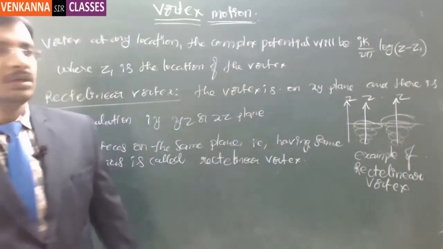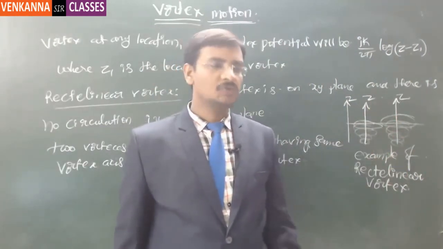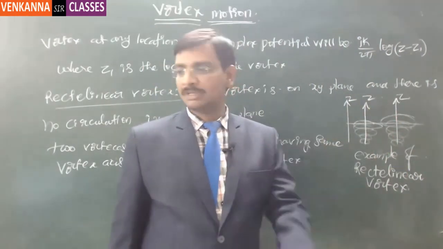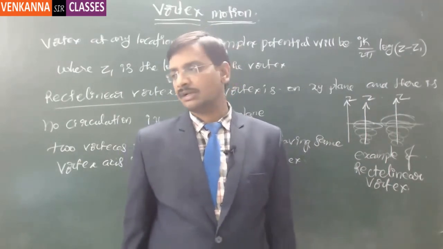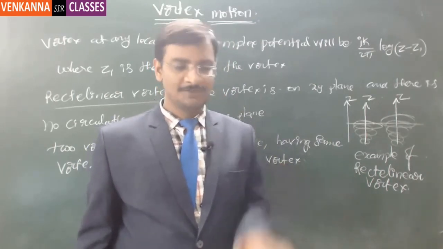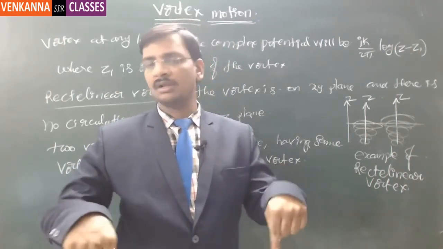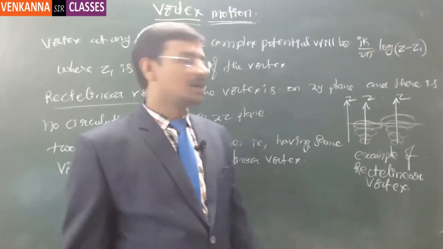Got it? Usually the z axis will be the axis of the vortex because we usually model depth as the z axis and the plane as the xy plane. That's why rectilinear vortices mean that, on the water from the top, if you see two different vortices rotating there, those two together we call the rectilinear vortex.